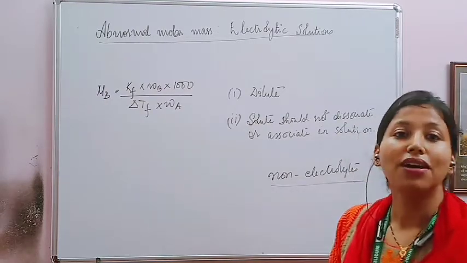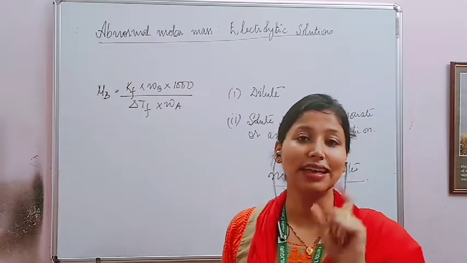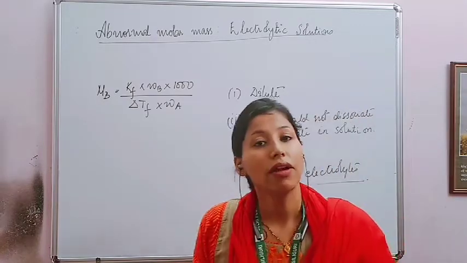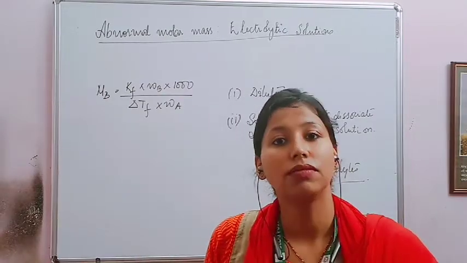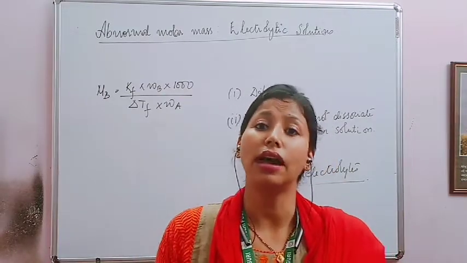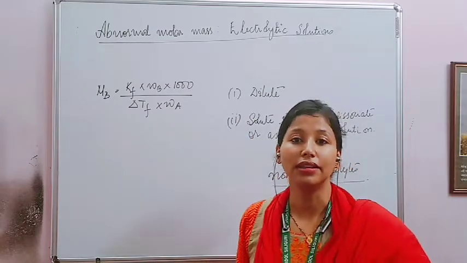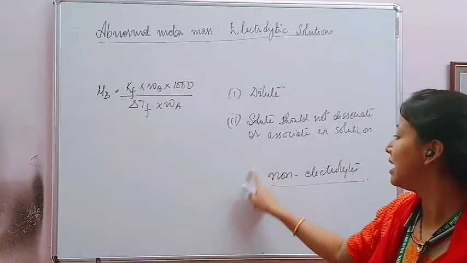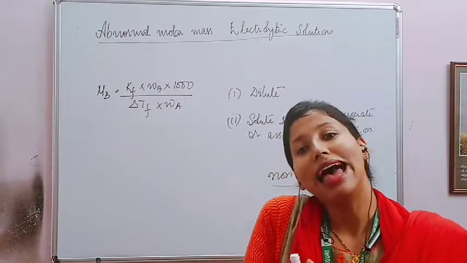Now, you have studied about electrolytes and non-electrolytes in class 11. What are electrolytes and non-electrolytes? Electrolytes are those which will dissociate or ionize in solution. And non-electrolytes are those which remain as such.